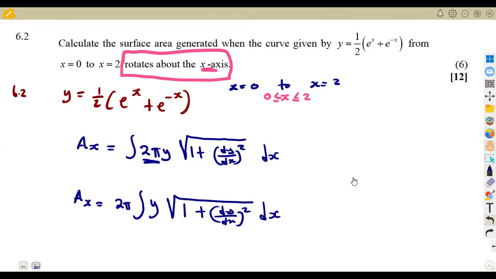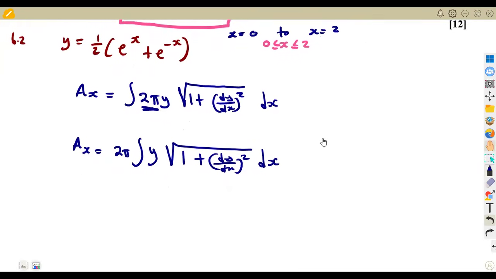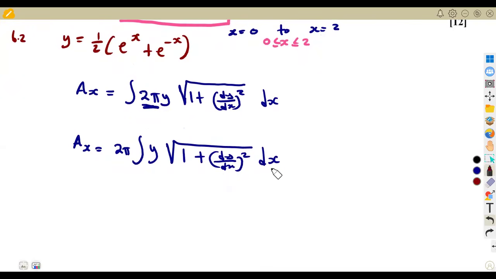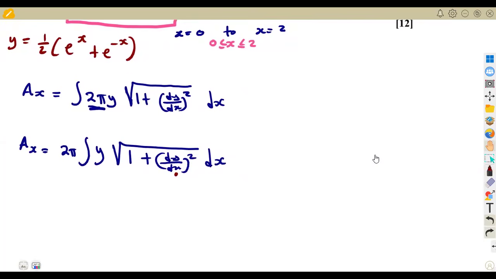On our formula here, we need the derivative of y with respect to x, and we have to square this and simplify, just like the previous part. We have to simplify this part under the square root to a single term. So let us take our y here and simplify it.